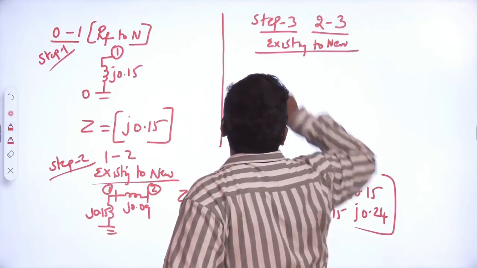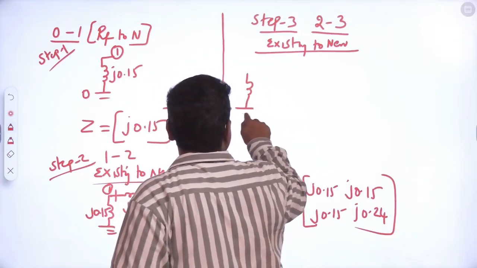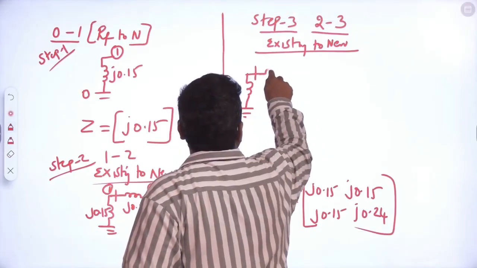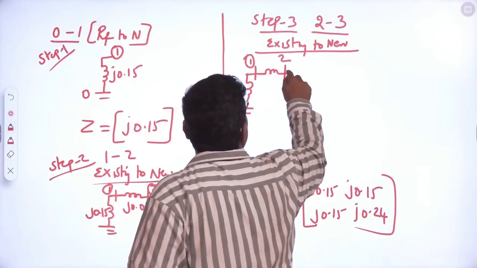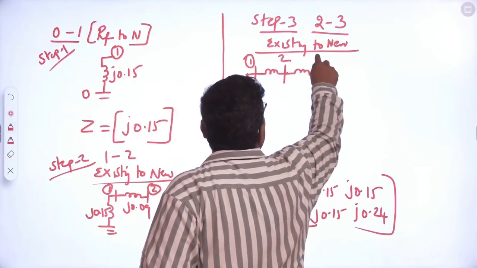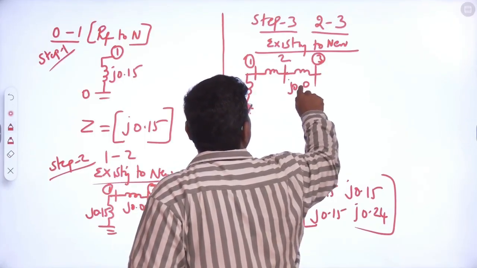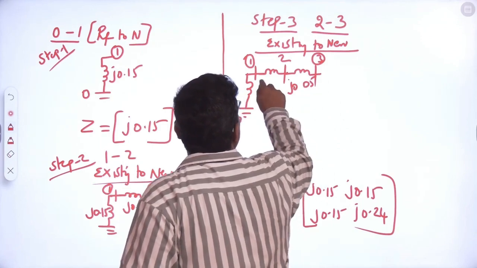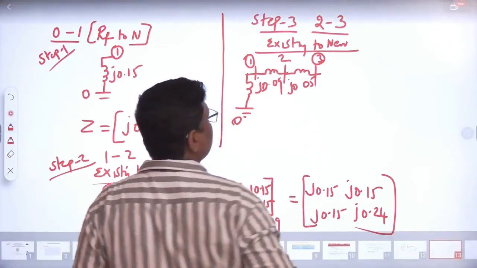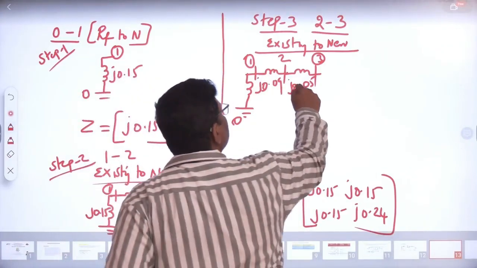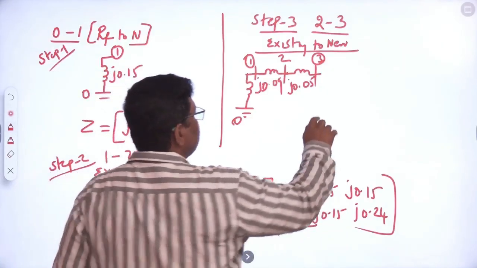Now the value between 2 and 3 is 0.05. So now form the Z bus.